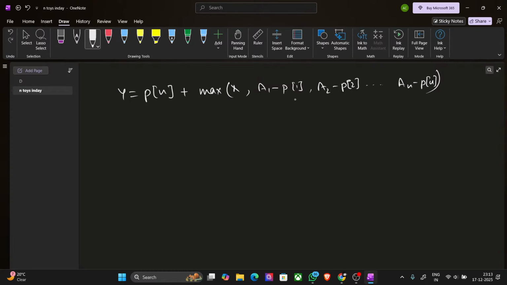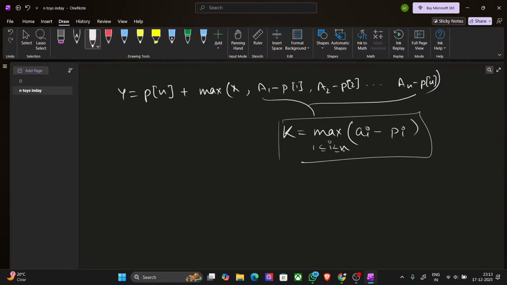so for this, can I write it as some variable k as max of ai minus pi for i from 1 to n?